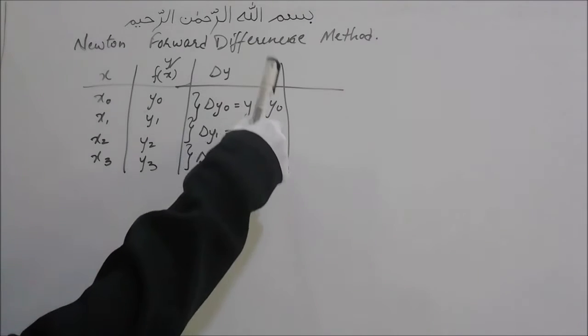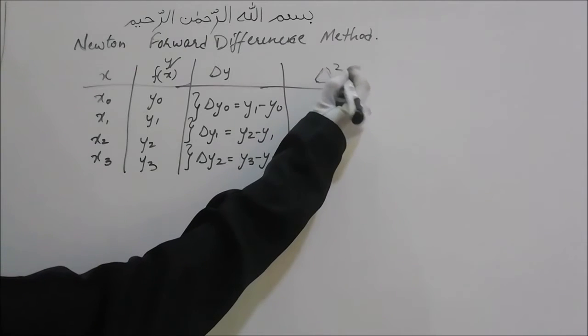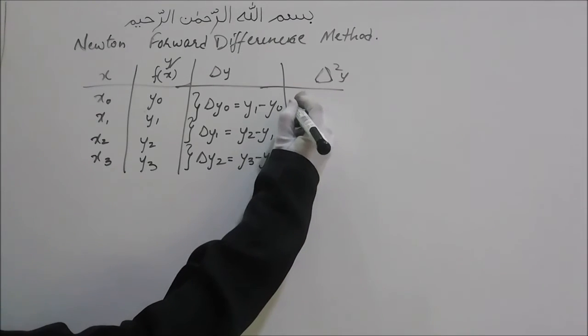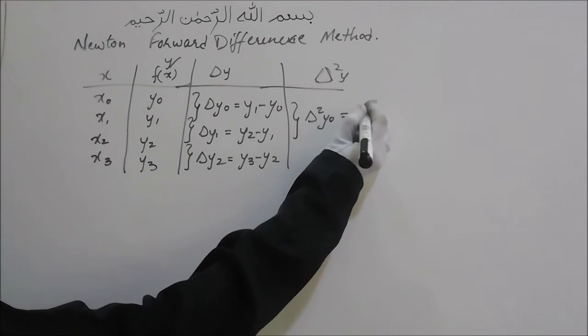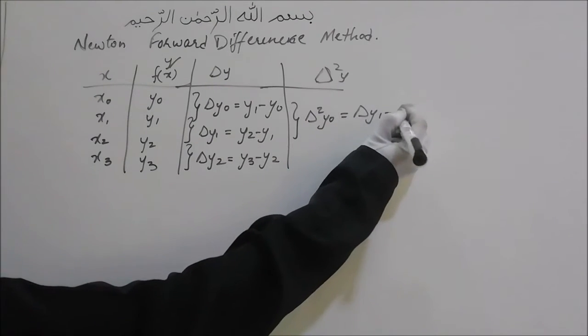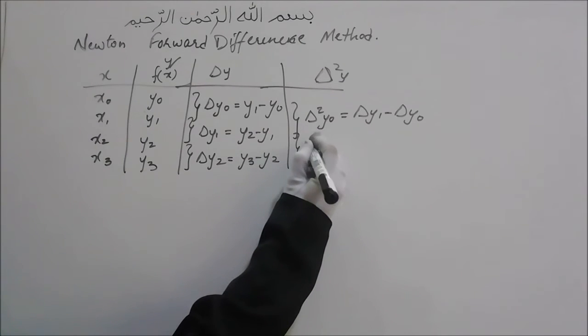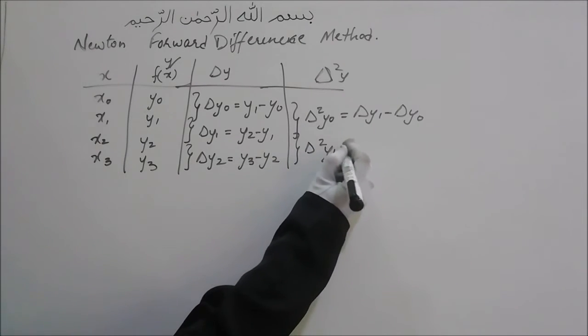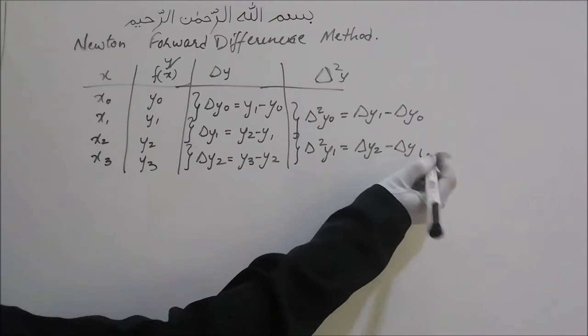Now we will find the difference between these terms. Let's call it delta squared y. So the difference between these two will be delta squared y0, which is nothing but delta y1 minus delta y0, and the difference between this and this term, delta squared y1, will be delta y2 minus delta y1.